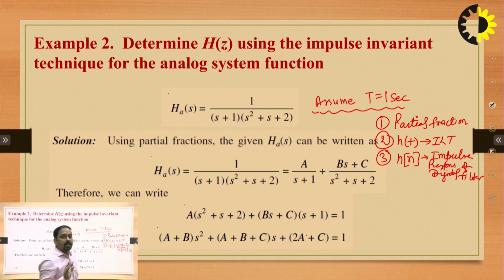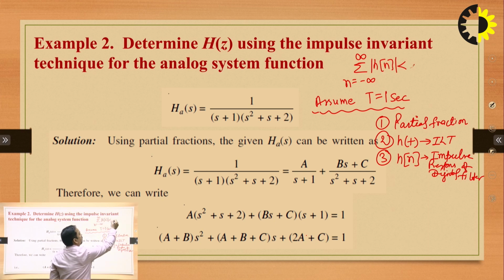So now on the basis of this, again we can comment upon the stability of the filter by seeing the impulse response. We are already aware that the stability can also be checked using the summation n equals minus infinity to infinity of mod of h of n, if it is absolutely summable.